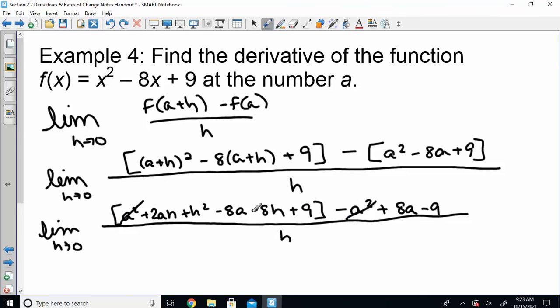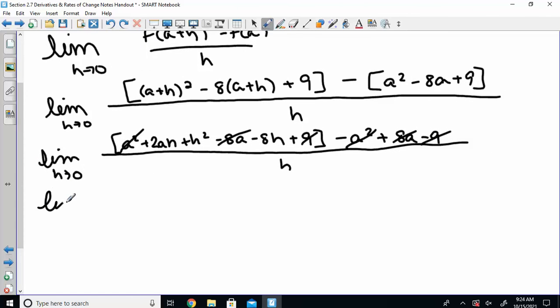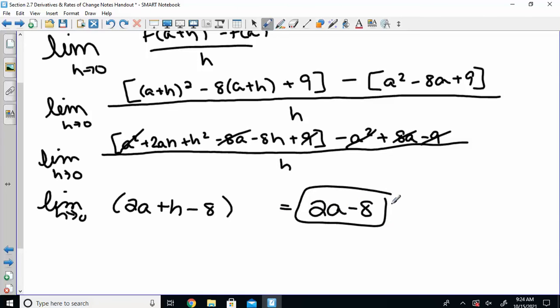From here, what happens? A squared cancels, a cancels, and everything that's left has an h in it, so we could divide by h. So we get 2a plus h minus 8. And if I plug in a 0 for my h, that gives me 2a minus 8.